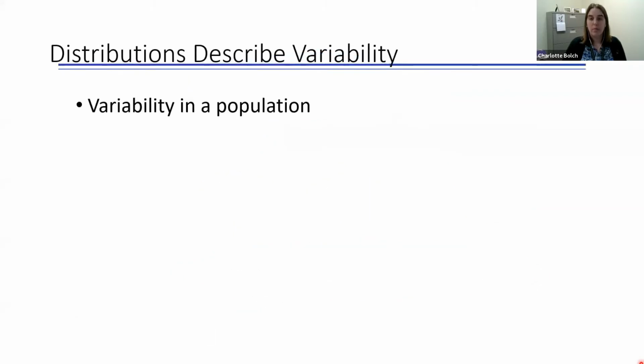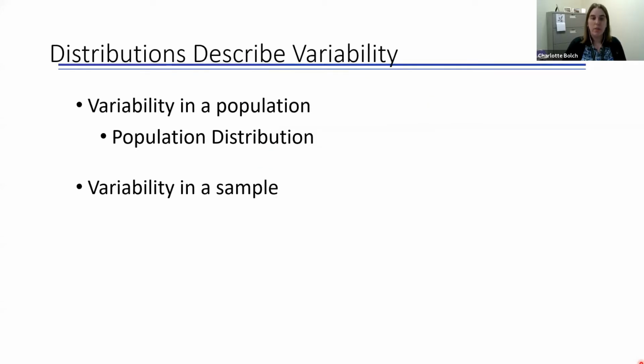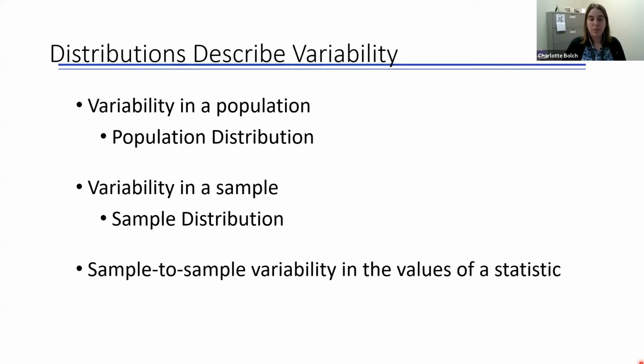The variability in a population, we describe by a population distribution. Variability in a sample, we describe with the sample distribution. And sample-to-sample variability, we talk about as a sampling distribution. It's important to understand that the sampling distribution is the distribution that results from taking these multiple samples, which is different than a sample distribution.